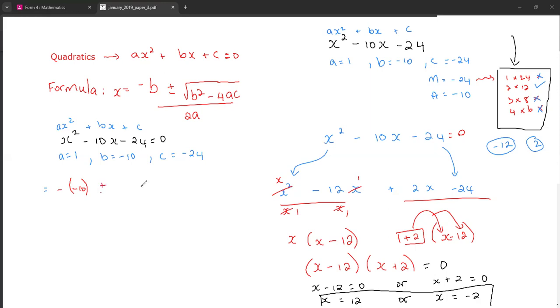Plus or minus the square root of B squared. B is negative 10, so that's going to be squared, minus 4 times A, which is 1, times C. C is negative 24. Do not forget your signs. All divided by 2 times A, which is 1.